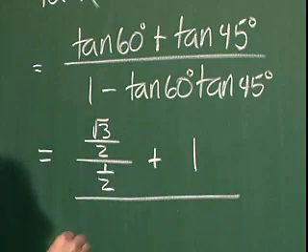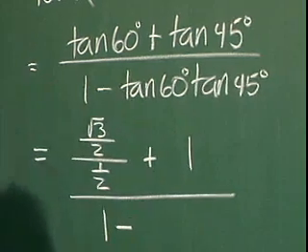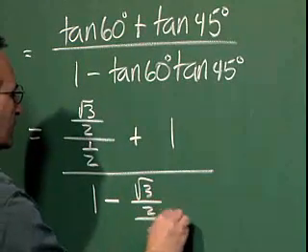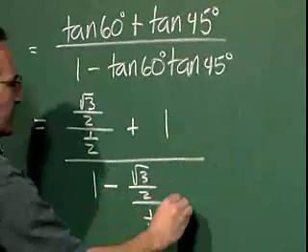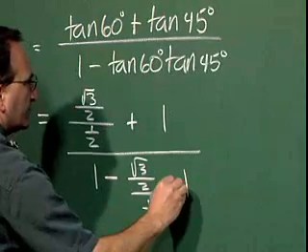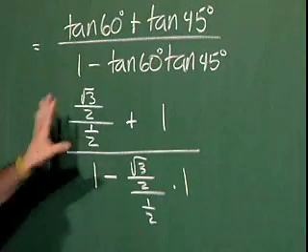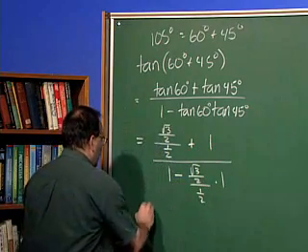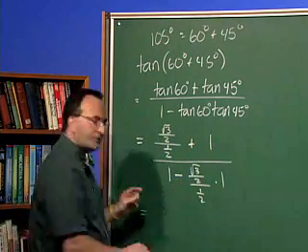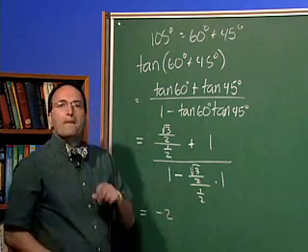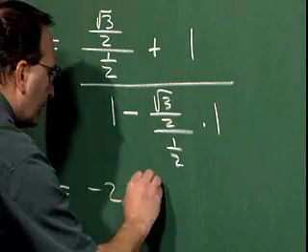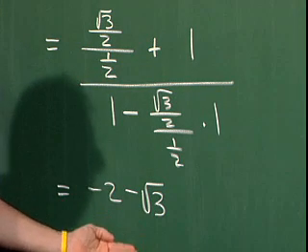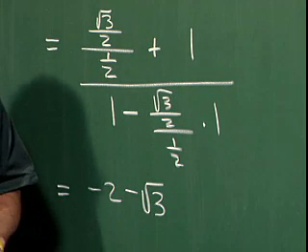That's all over 1 minus the tangent of 60, which we just got through saying square root of 3 over 2 over 1/2, plus the tangent of 45 is 1. When you simplify all of that, that's going to be equal to -2 minus the square root of 3. And that's the answer that you should have gotten for your example.